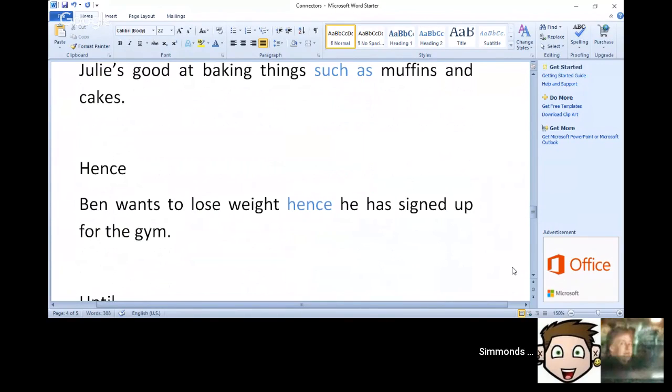Hence is what I meant for "for this reason." Exactly. So you can use as well. There's a lot of different ones you can use. Hence is something that is used enough that you will hear it, but it's not super, super common. Okay.